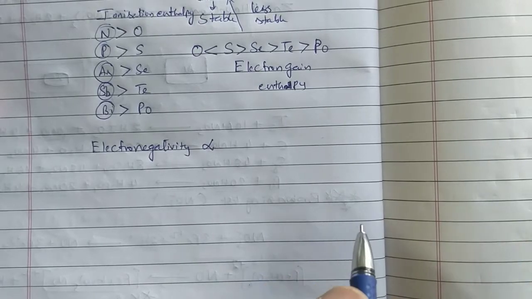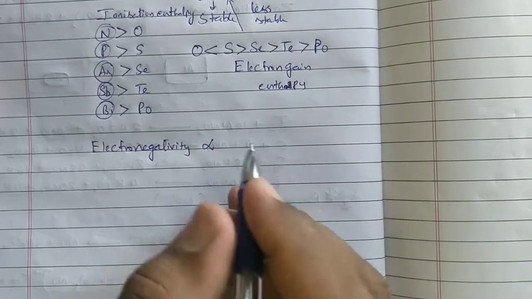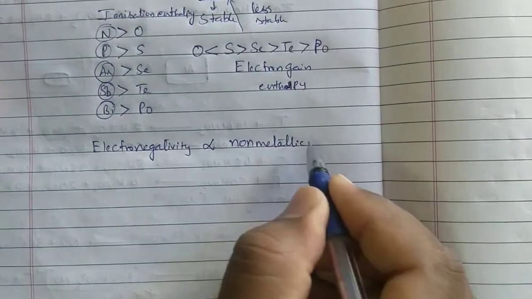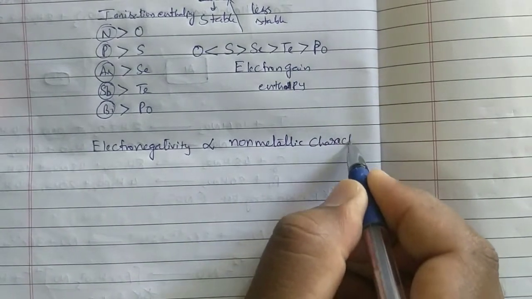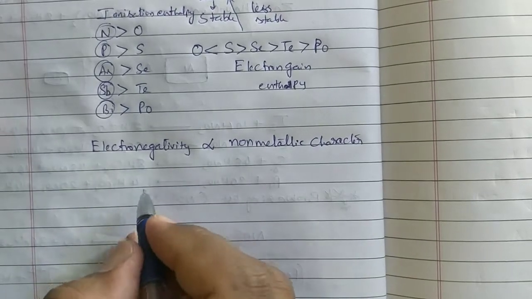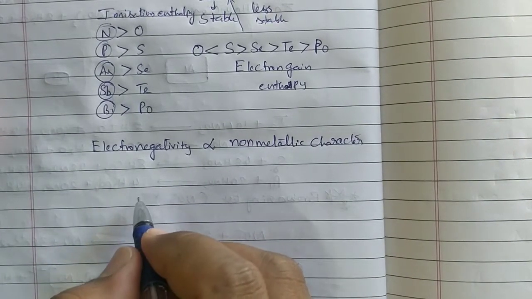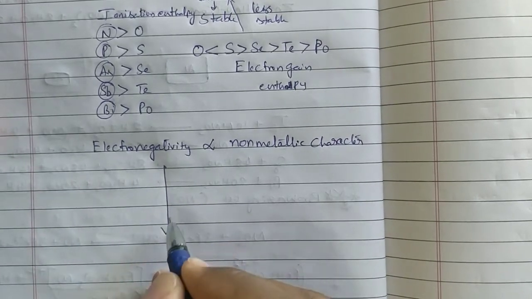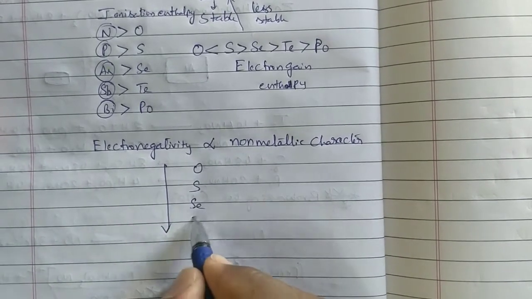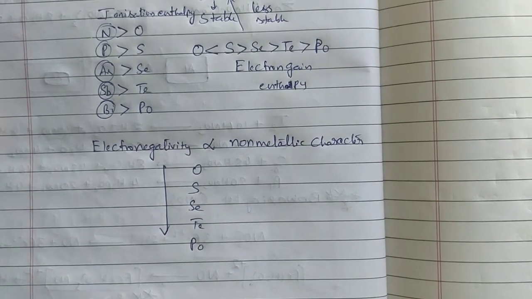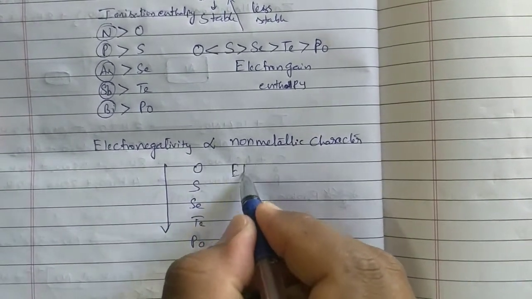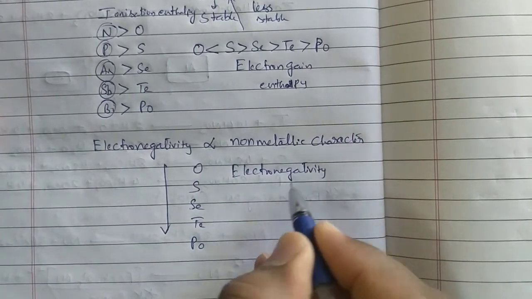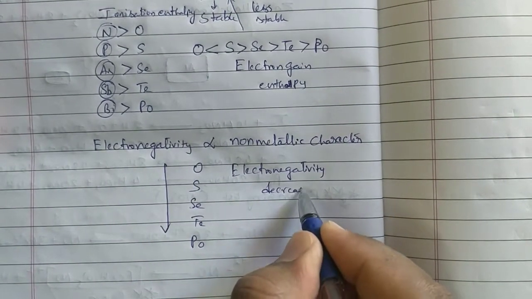Electronegativity is directly proportional to non-metallic character. When electronegativity decreases, non-metallic character decreases and metallic character increases. So top to bottom in a group, oxygen, sulfur, selenium, tellurium, polonium. What happened to electronegativity? Electronegativity decreases.